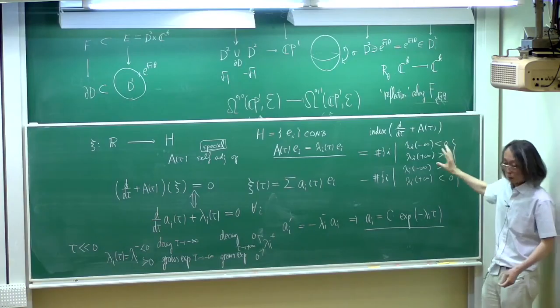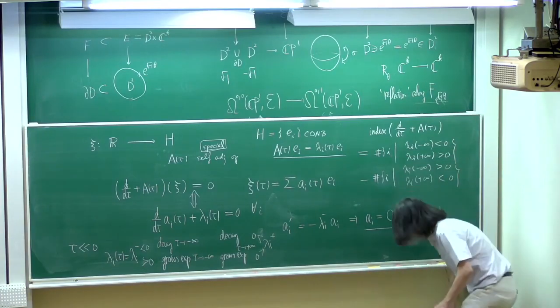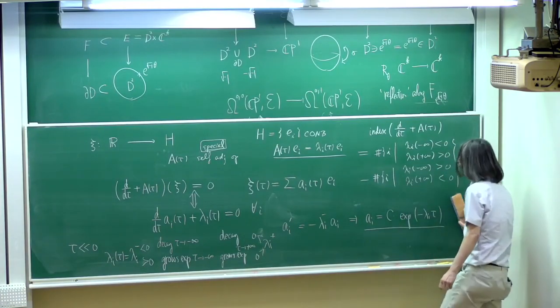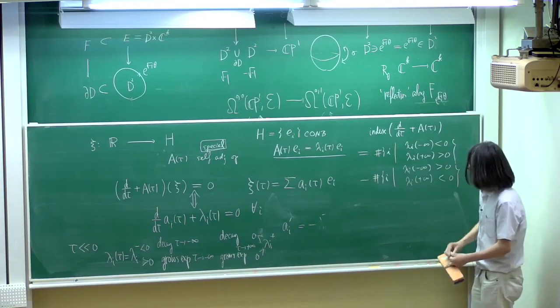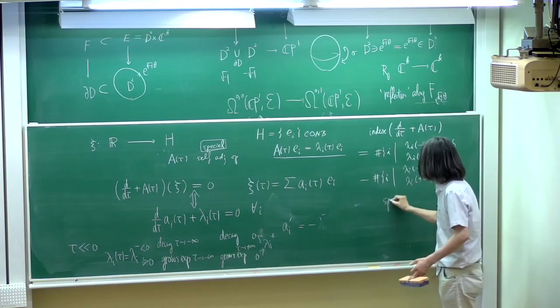Okay, so this is the so-called spectral flow of a one-parameter family of self-adjoint operators. So this is the so-called spectral flow.